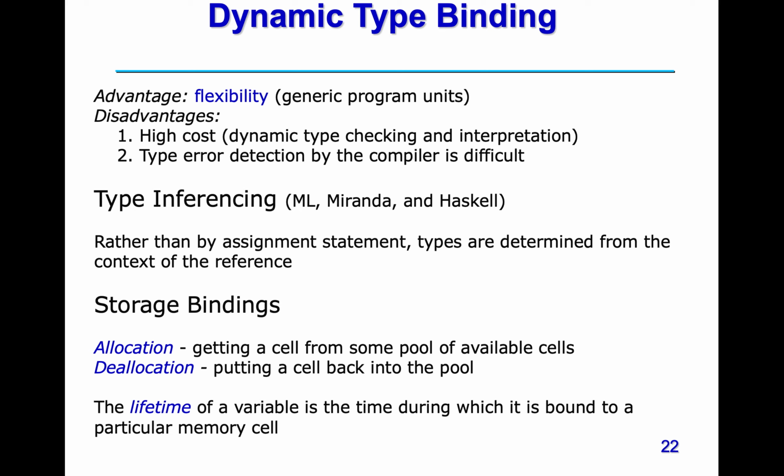We don't know what we have in it. So if you just think about weak typing, what are problems with weak typing? Because that's what dynamic type binding is. It's weak typing because you're not necessarily going to do any error checking. You're certainly not going to do anything statically. Are you going to be able to do it dynamically? And if you do that, at what cost? Are you going to slow the program down by constantly checking it?